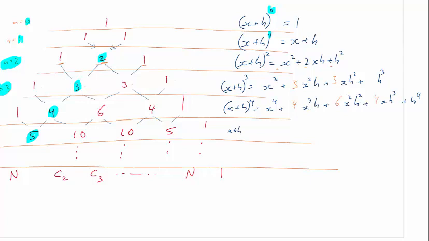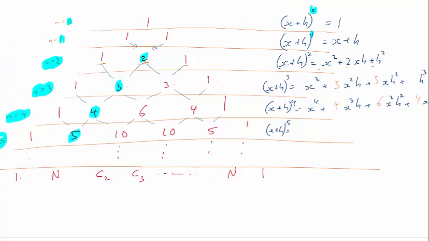All right, now what about x plus h to the 5th power? Again, same thing. We've got an x to the 5th plus x to the 4th times h plus x cubed h squared.